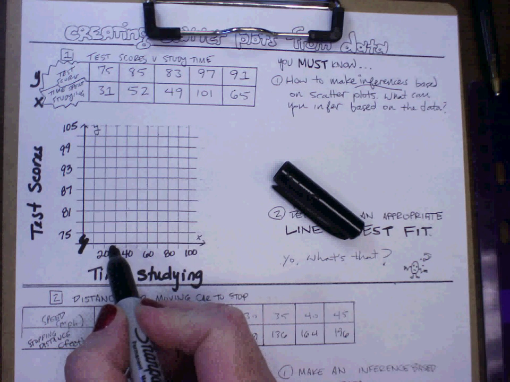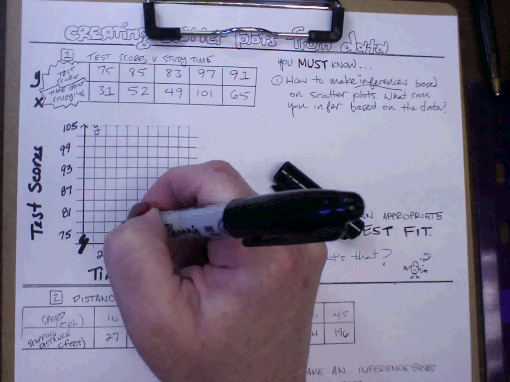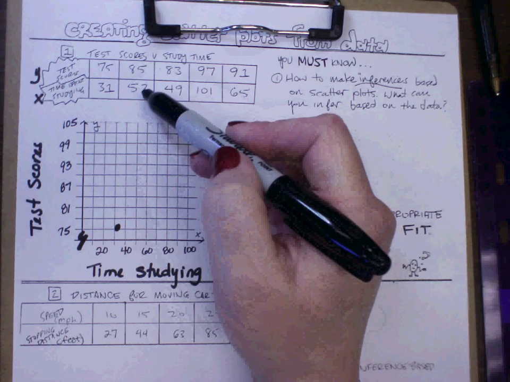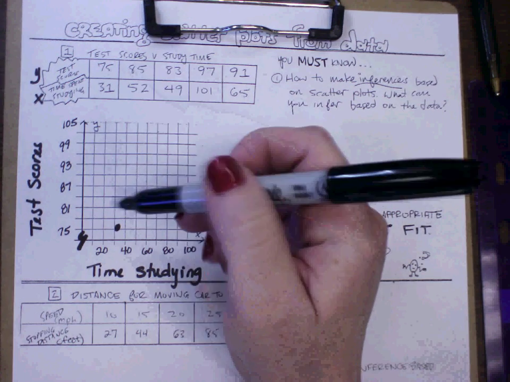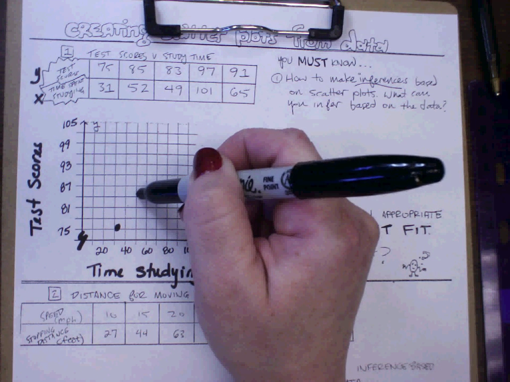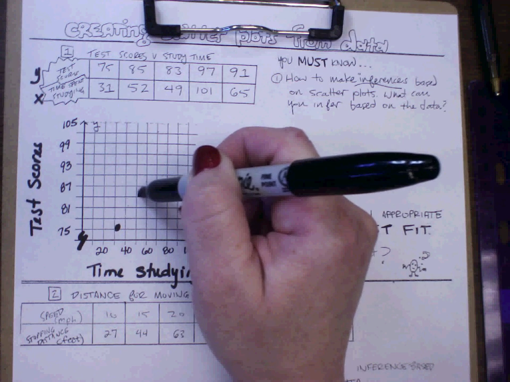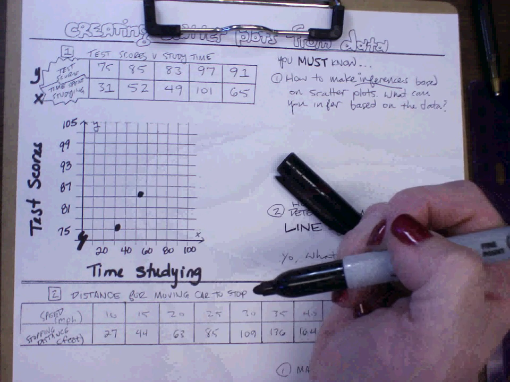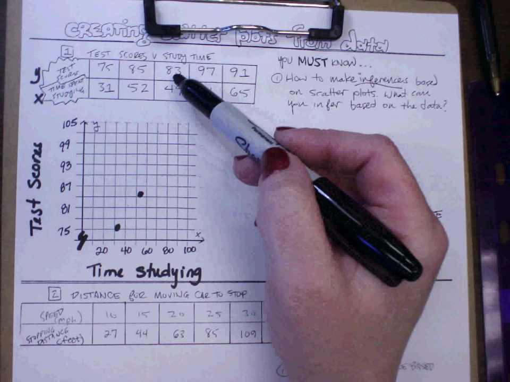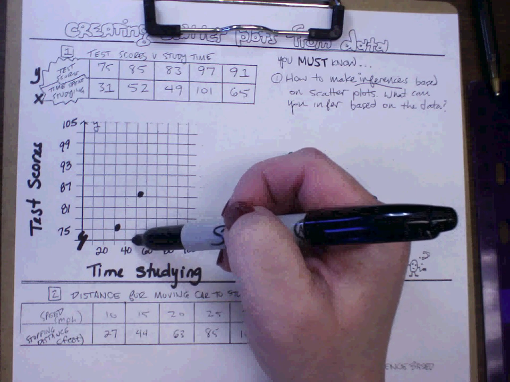All right, so let's see. When x equals 31, y equals 75. There. When x equals 52, y equals 85. There. When x equals 49, y equals 83.